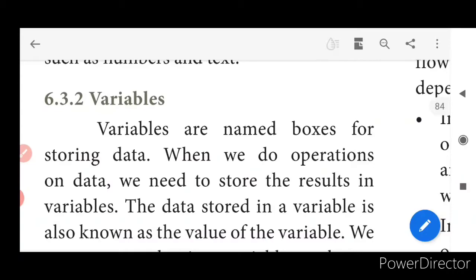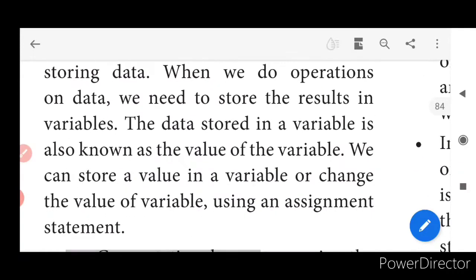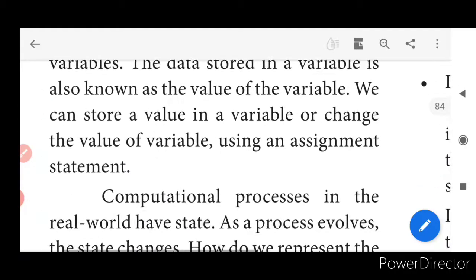What does it mean? 2 is assigned to a variable called A. So which is a variable here? A is a variable, 2 is a value. 2 is assigned to A. Able to follow? Very good, children. So A is equal to 2 means 2 is a value which is being assigned to A.